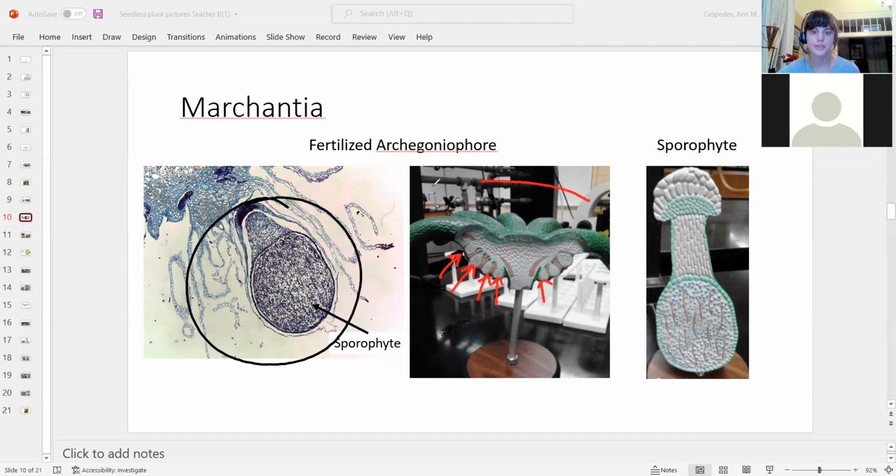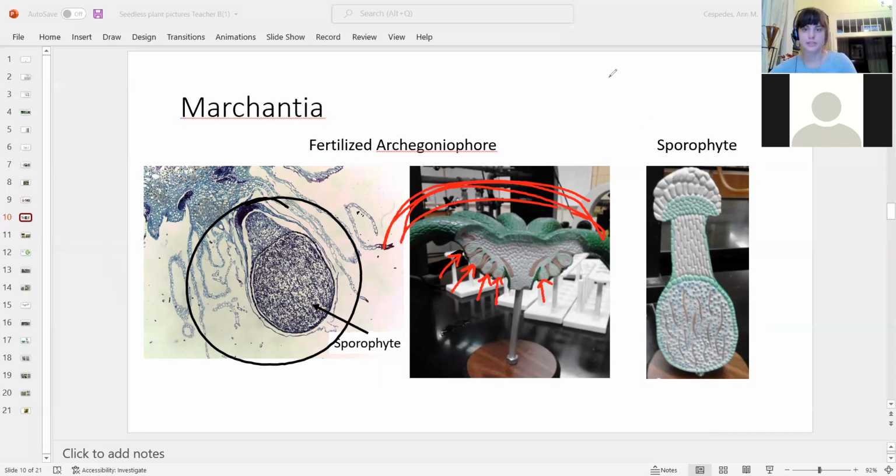The whole thing is still an archegoniophore. The whole wacky palm tree thing is the archegoniophore, but instead of archegonia, now we have mature sporophytes. It's weird to call it a mature sporophyte because it's just this microscopic, tiny structure. But that's it. This is the whole liverwort sporophyte. It's not really visible to the naked eye. It's tucked underneath this archegoniophore.